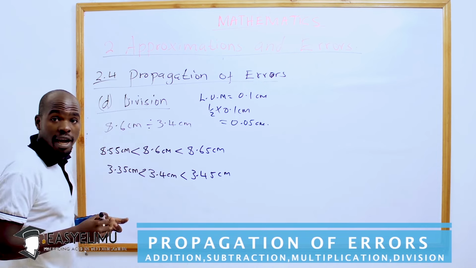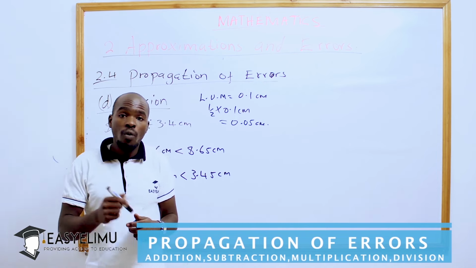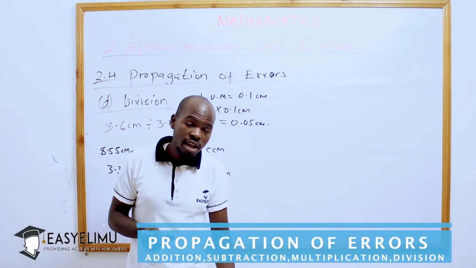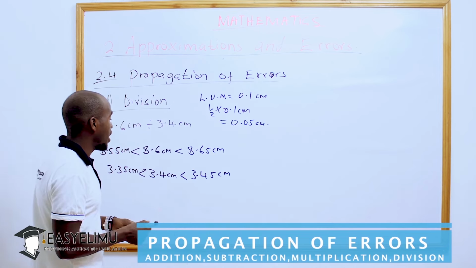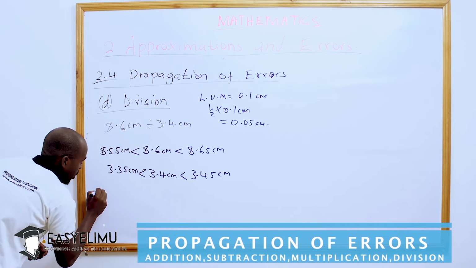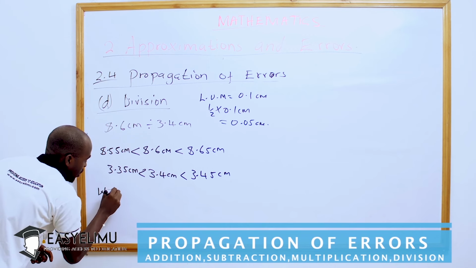From there now, we can find the greatest quotient, working quotient, and also the minimum possible quotient. Let's start with the working quotient.